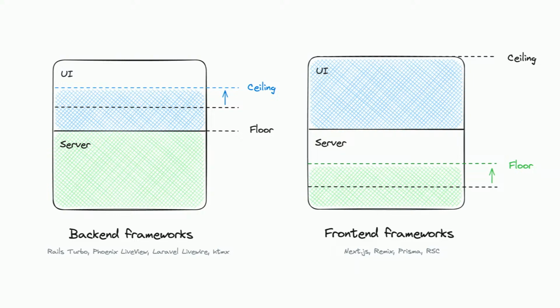And then more recently, we have Remix, which has added a lot of structuring conventions with things like actions and loaders. Again, trying to fill in more of this part of the puzzle. And then we have libraries like Prisma, which aren't tied to a specific framework, but again, trying to bring some conventions to the front-end folks. And more recently, RSC, which Ryan did a great job talking about, how it's trying to cross this boundary and raise the floor of our front-end apps.